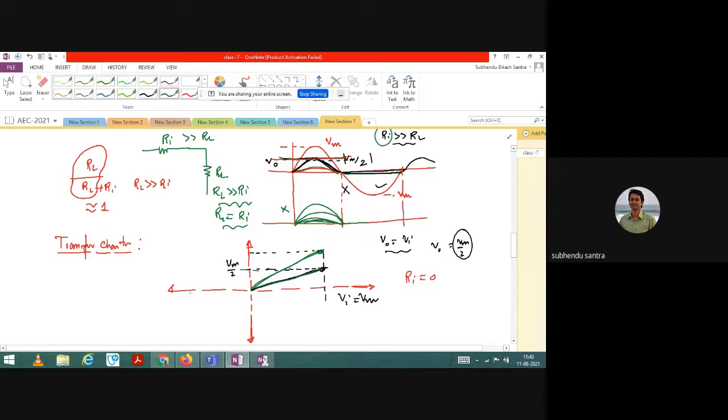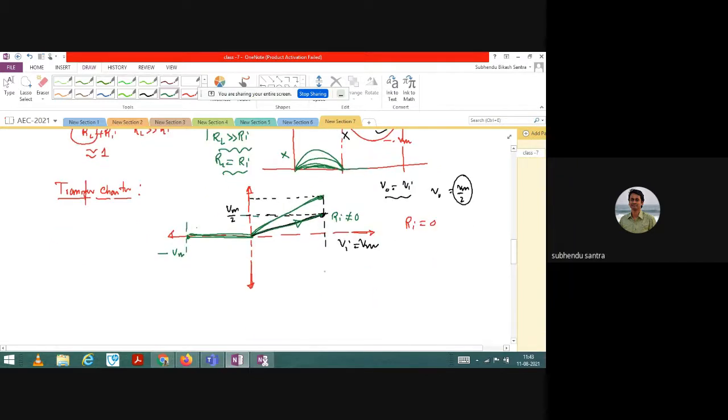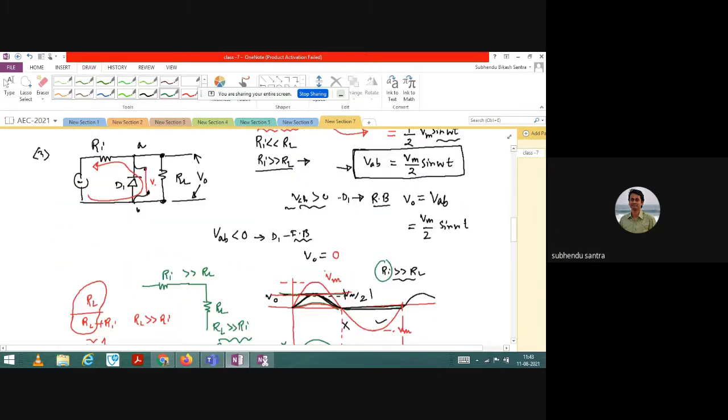During the negative half, definitely it is 0. So this is minus Vm, and it is 0. This is the transfer characteristic of a negative clipper, but there is a change in the slope because Ri is now not equal to 0. This is the learning point I want to mention.